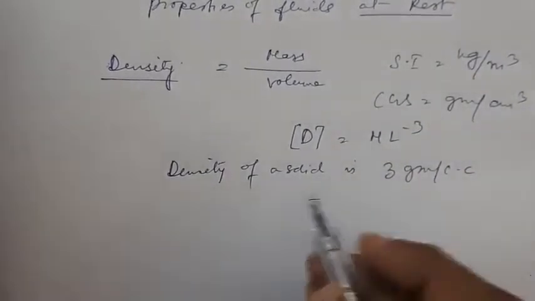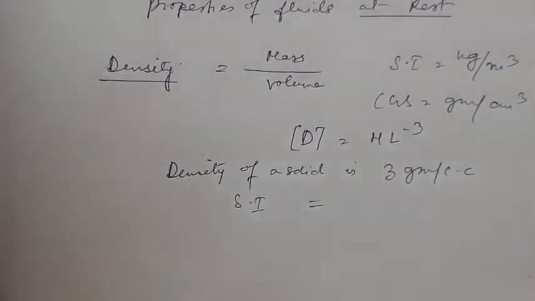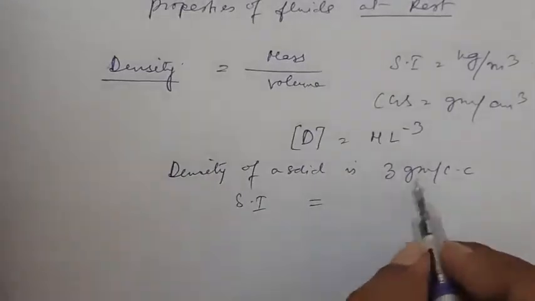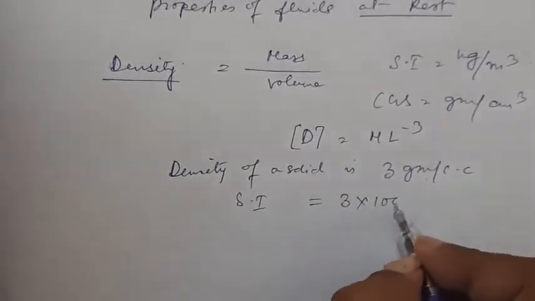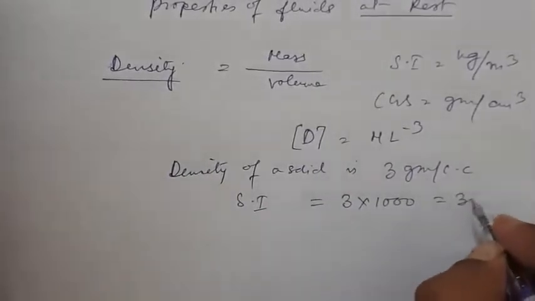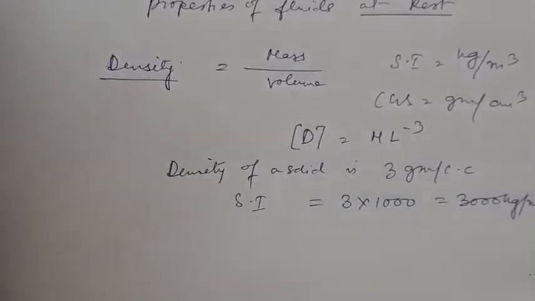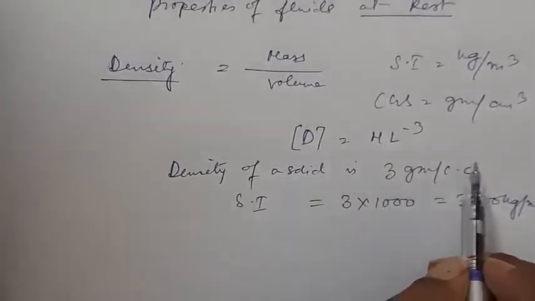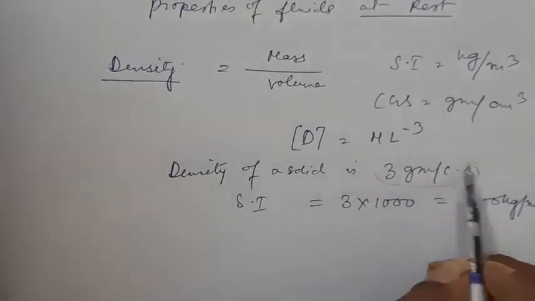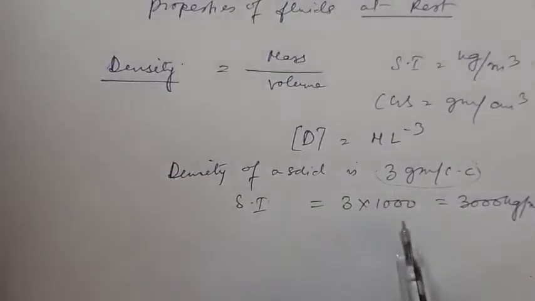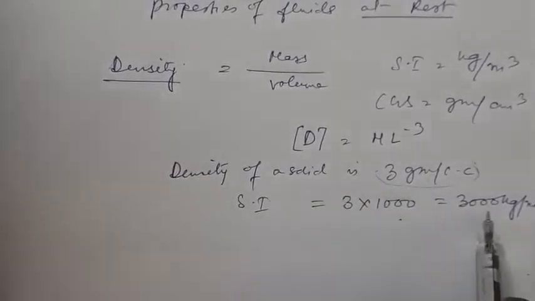We want to find the value in the SI system. It is 3 into 1000, that is 3000 kg per cubic meter, but you all do the opposite of this. The value of density in CGS has to be multiplied by 1000 to get it in the SI system, kg per cubic meter.